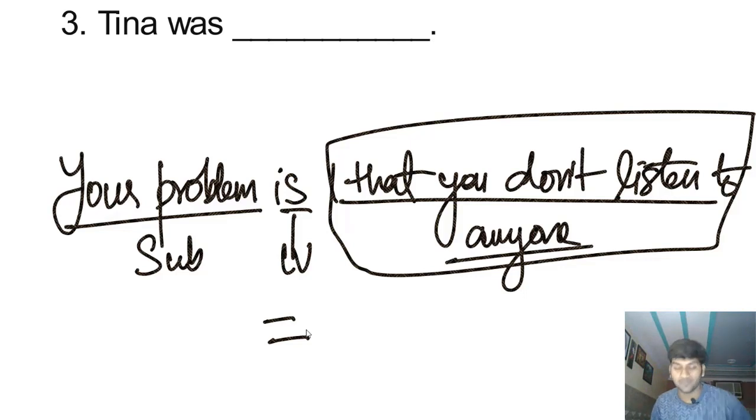So a subject complement can be a noun clause, but it cannot be an adjective clause. When it modifies the subject, it can just be an adjective or an adjective phrase, but it cannot be an adjective clause. Now one more thing, it can be a prepositional phrase. When it modifies the subject, it can be a prepositional phrase.